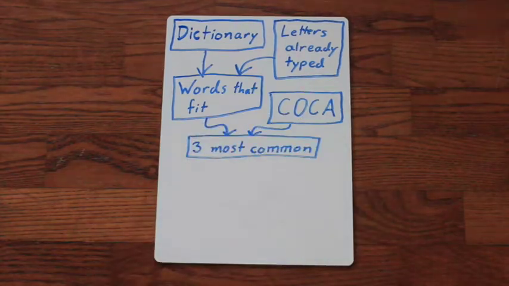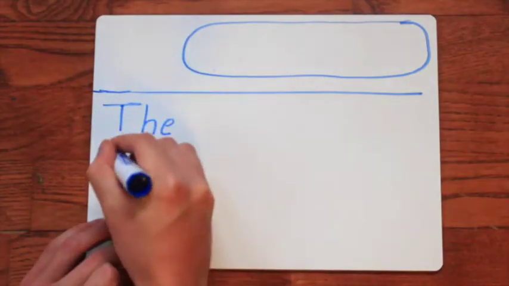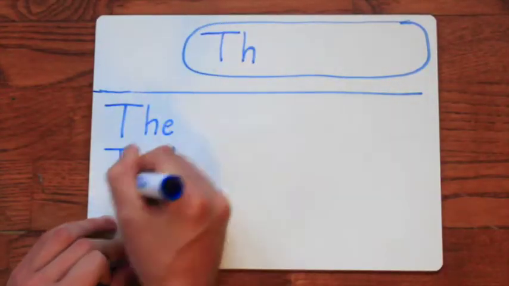Now that we're only choosing the most common words, our program, given that nothing has been typed already, is going to suggest the, be, and, which is really helpful. Those are words you're going to use a lot. And say you've typed th already, it's going to suggest the, that, and they. Also really helpful. What else could we add to our program to make it even better?